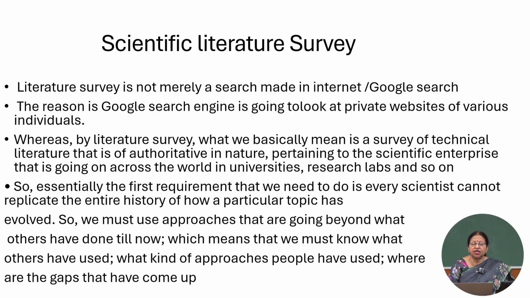So, essentially, the first requirement is that every scientist cannot replicate the entire history of how a particular topic has evolved. So, we must use approaches that go beyond what others have done till now, which means that we must know what approaches people have used, and where the gaps are that can be filled.